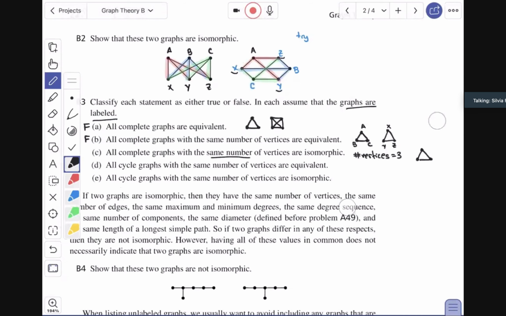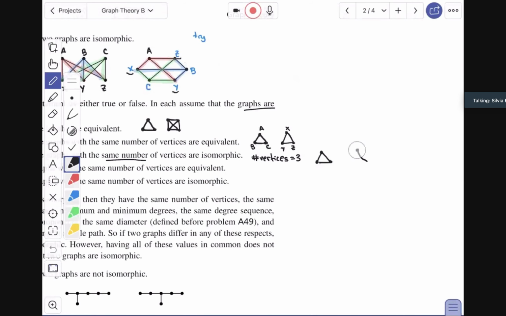I can draw it in different ways. Maybe like this. This is another one of those. But then the question is, are those isomorphic? Regardless of the labels, I would say yes, because they have the same number of vertices.